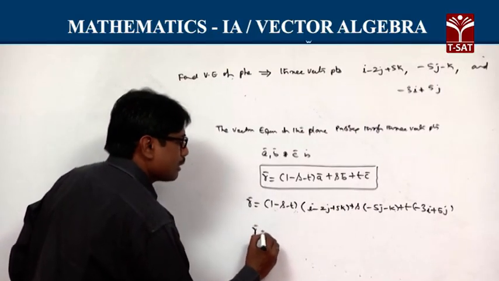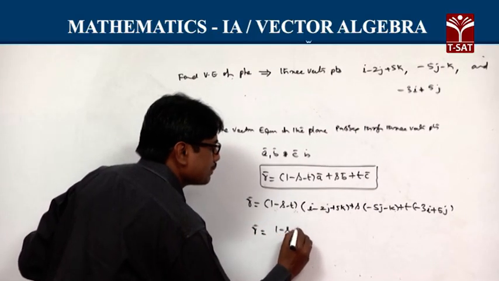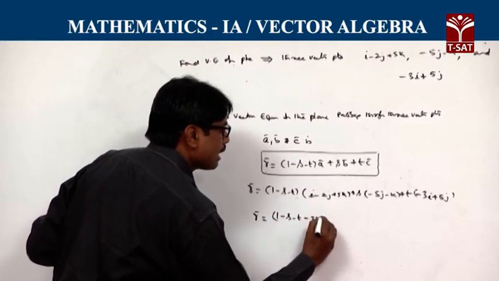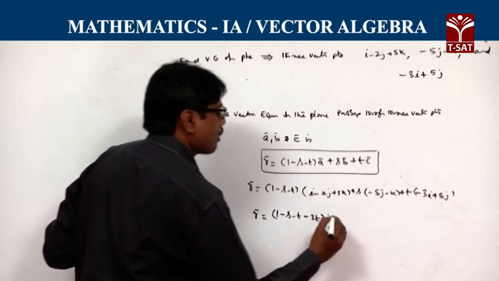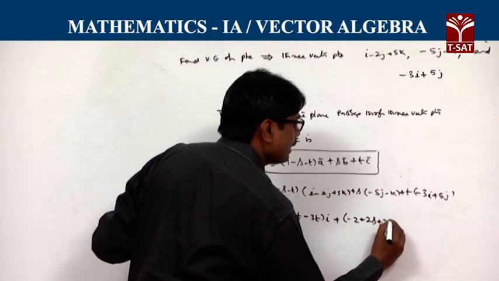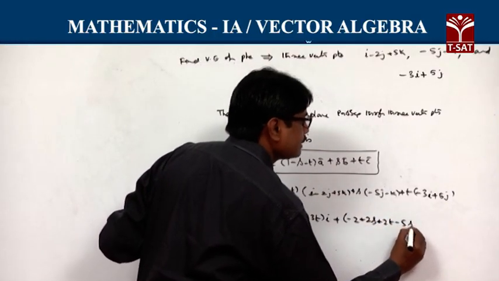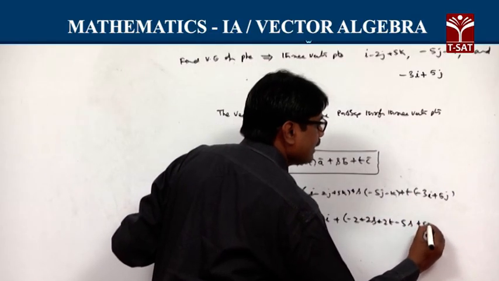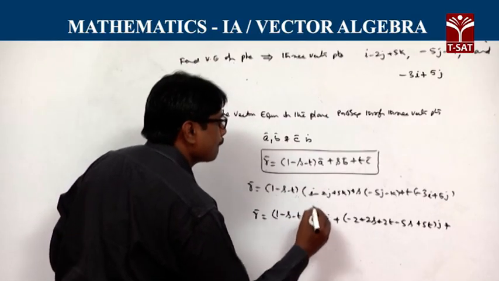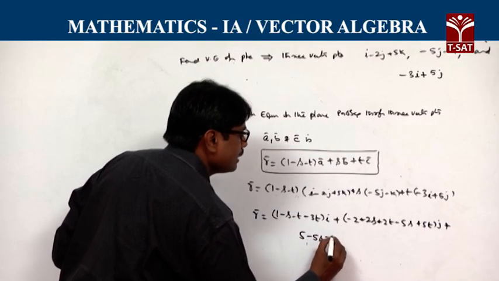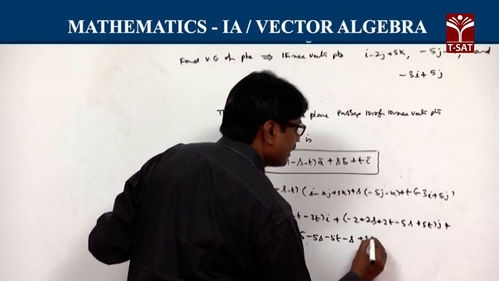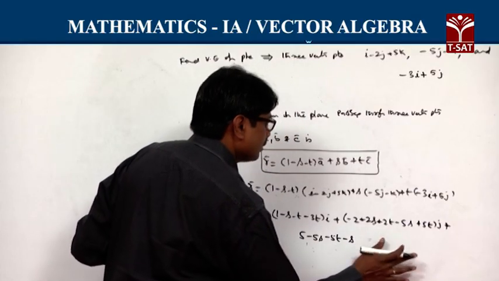So, the above vector R bar can be written as (1 minus S minus T minus 3T) times I bar plus (minus 2 plus 2S plus 2T minus 5S plus 5T) times J bar plus (5 minus 5S minus 5T minus S) times K bar.